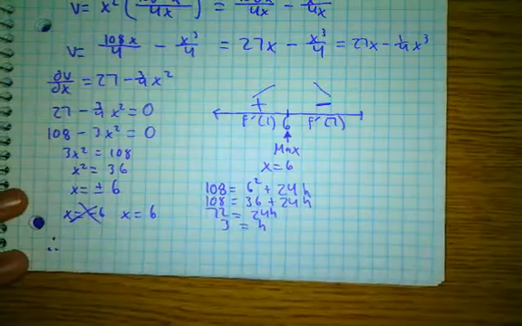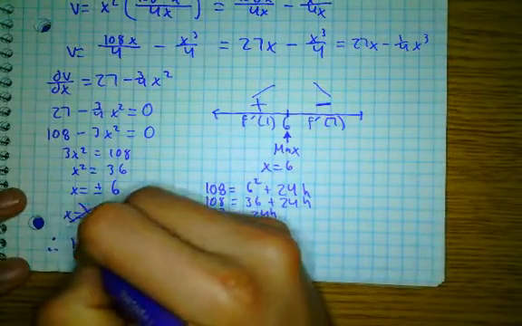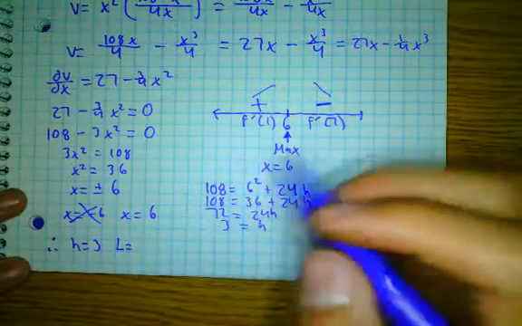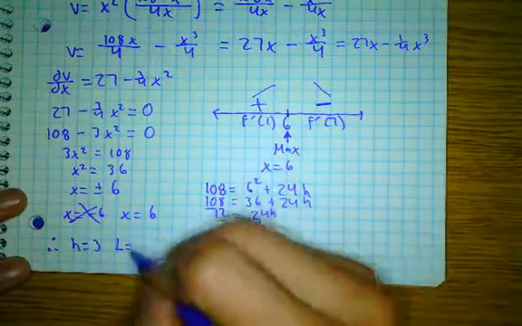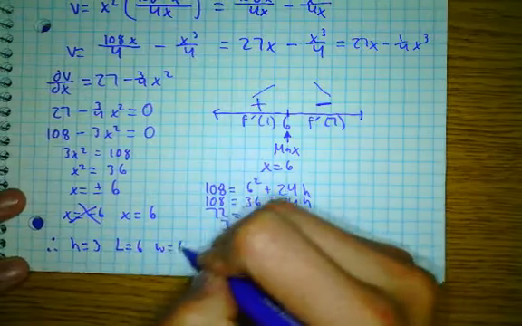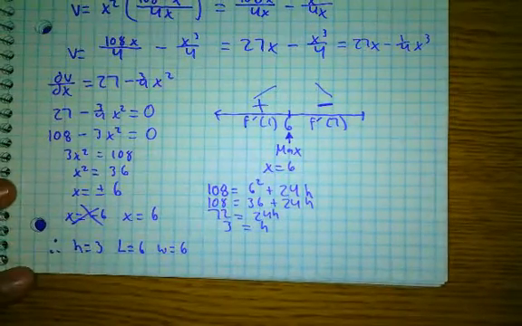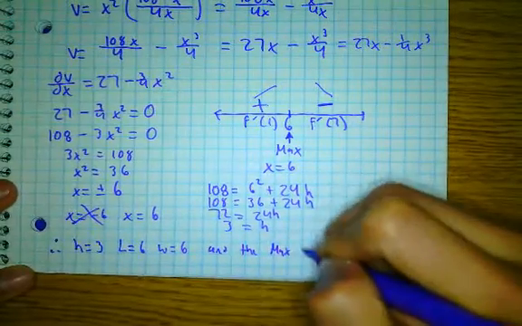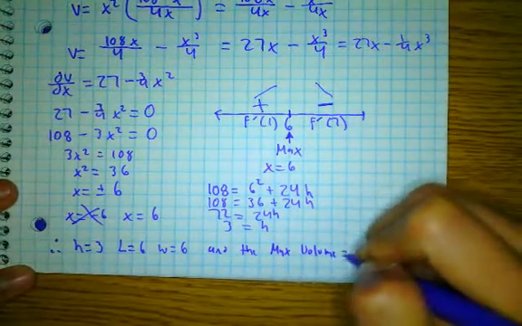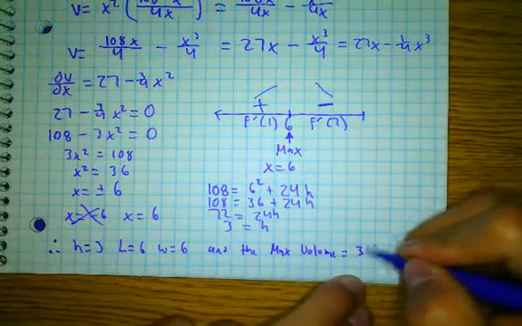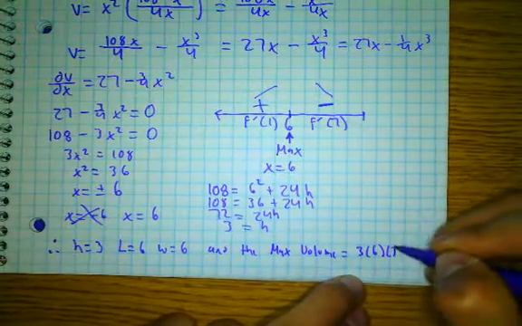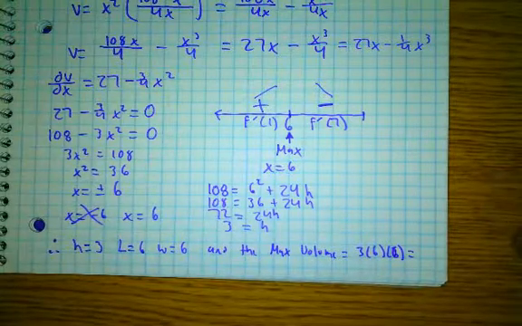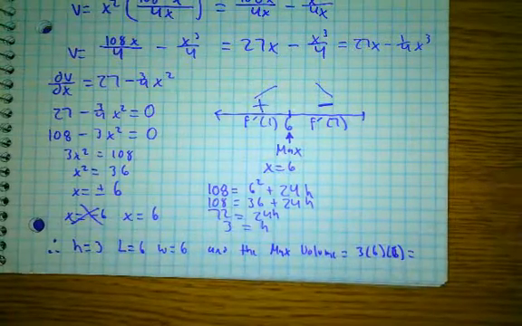And the maximum volume would be 3 times 6 times 6, which would be what? What is it? 108 inches cubed.